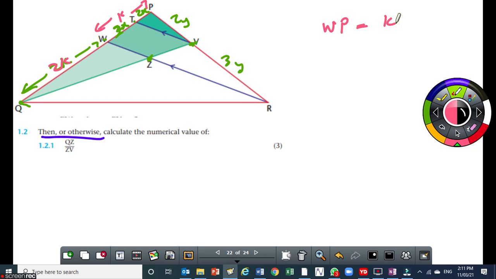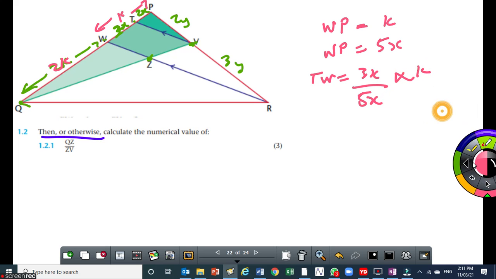In terms of x, WP is equal to 5x, because I said 3x plus 2x. But I want to write TW in terms of k. So my TW is going to be 3x over 5x, because that's the total for PW, times k. The x's will cancel. So it means 3k over 5 will be the length of TW.